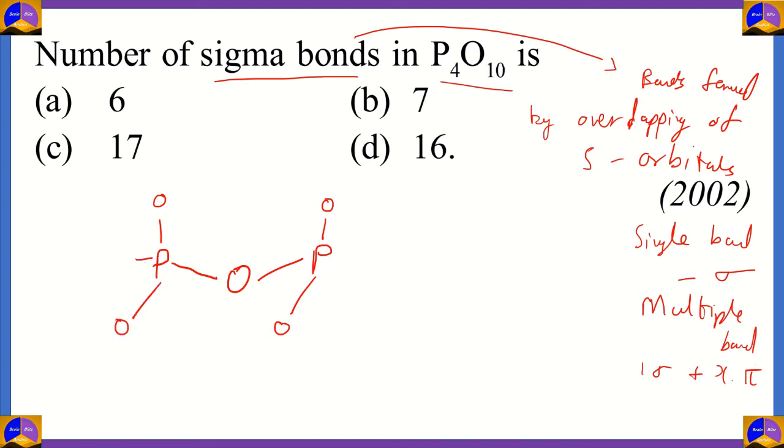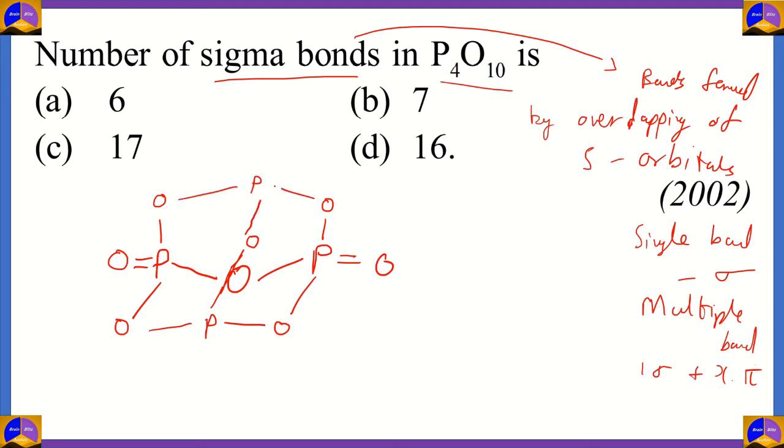Then there is a double bond with another oxygen to the side, and then you have a phosphorus in between these oxygens, and then it is connected to another oxygen, which is connected to a phosphorus like this.